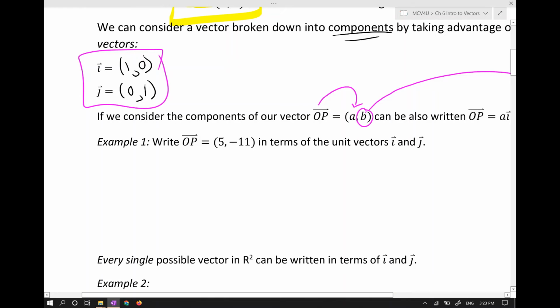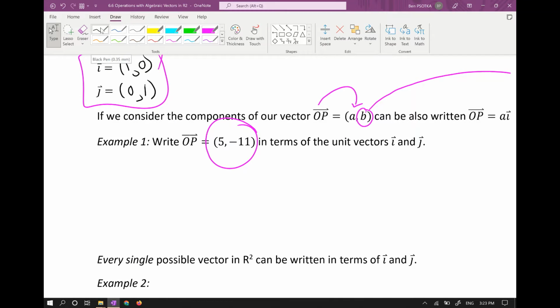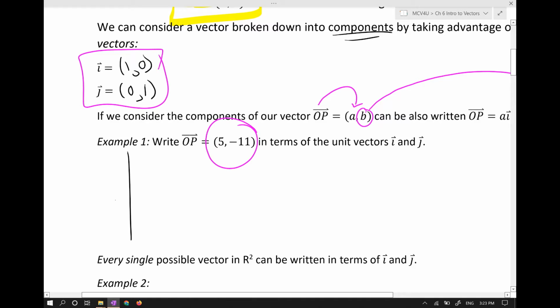So you should see it in action right here. All right, so let's say we're working here. We have the point (5, -11). And our vector goes from the origin to the point (5, -11), something like this. All right, so our vector goes something like this.